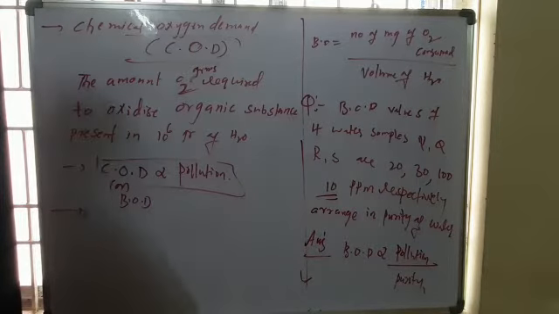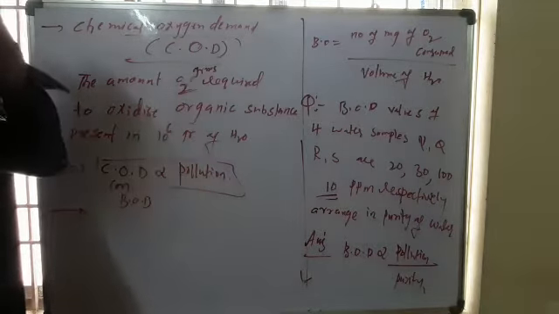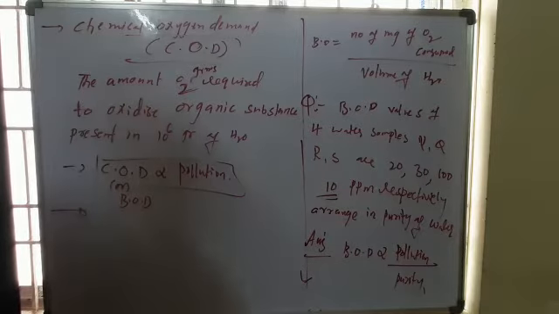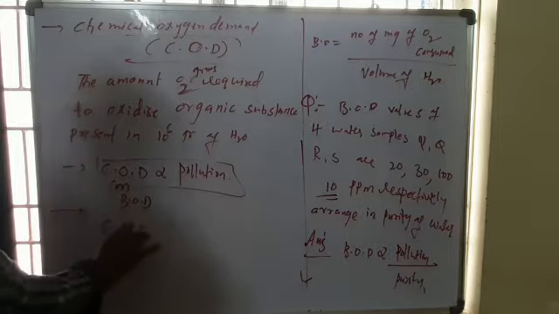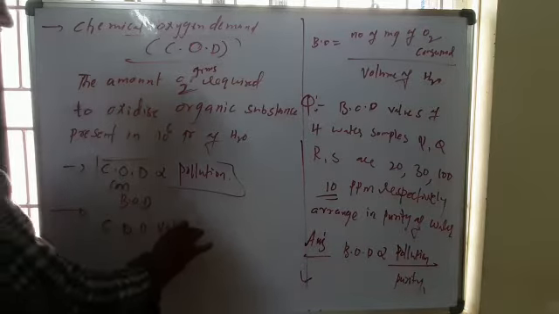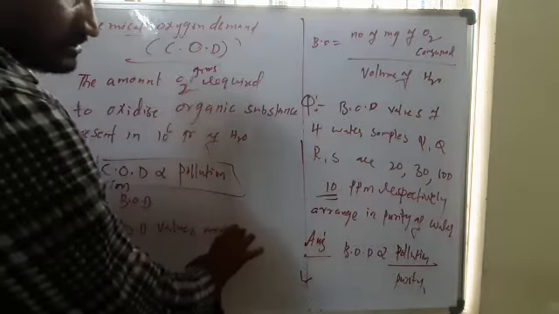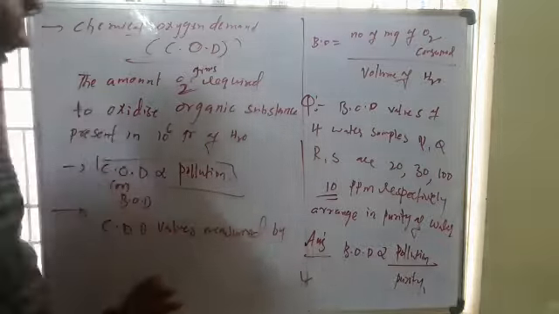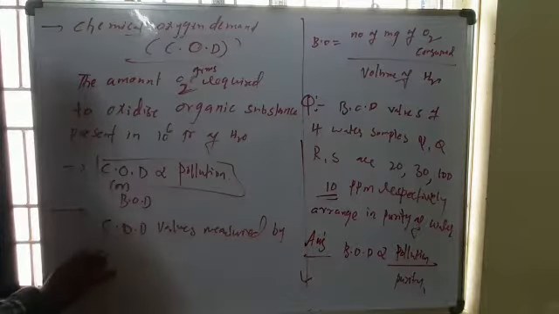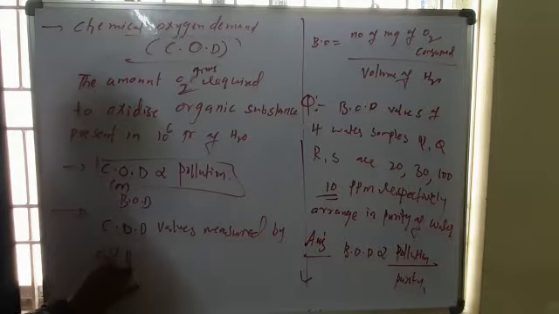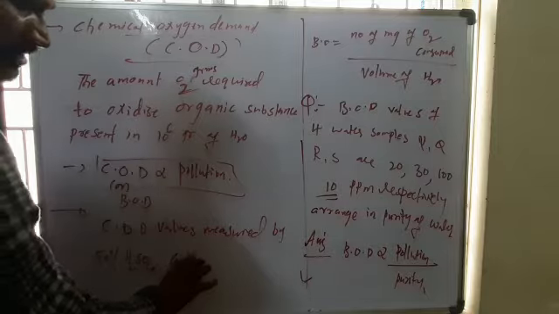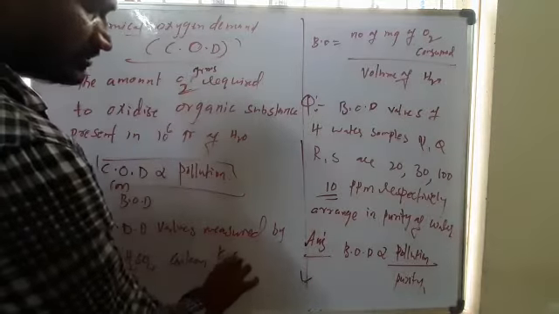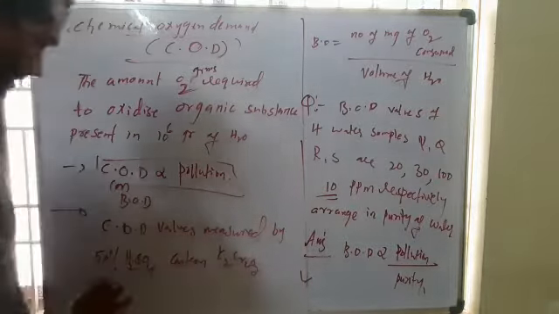Generally the COD values can be measured by using potassium dichromate. COD values are measured by acidified, that means 50% sulfuric acid, H2SO4, containing potassium dichromate, K2Cr2O7 oxidant.